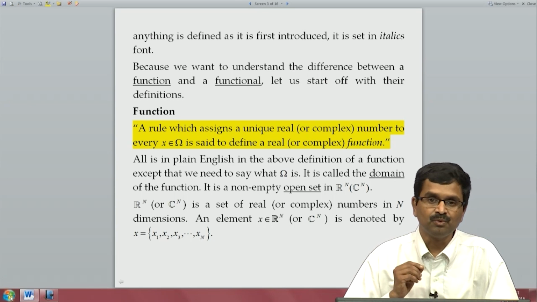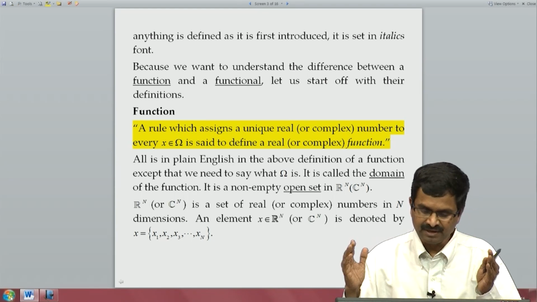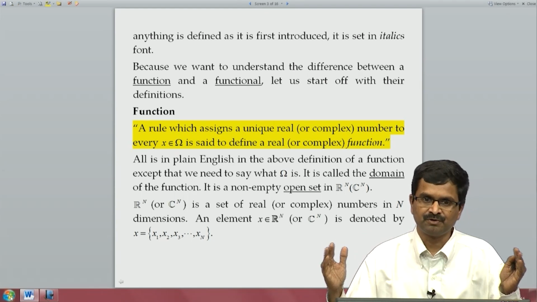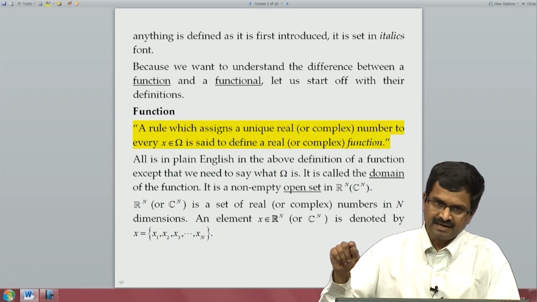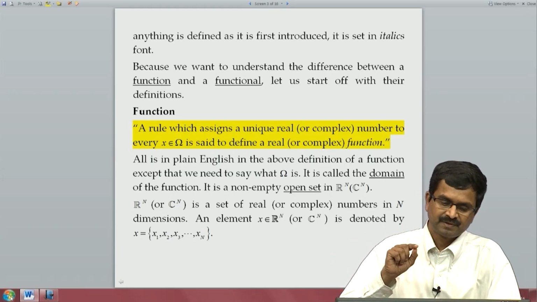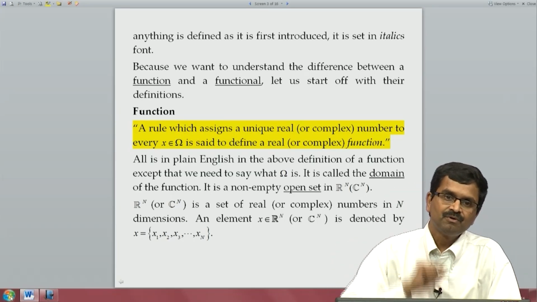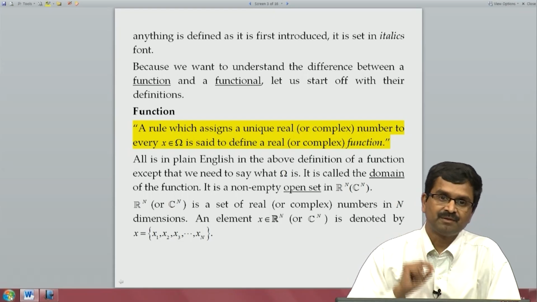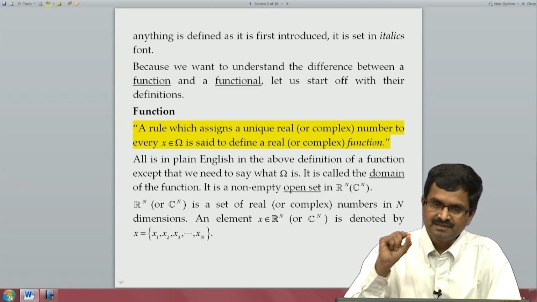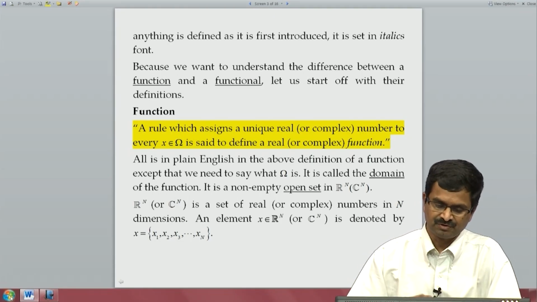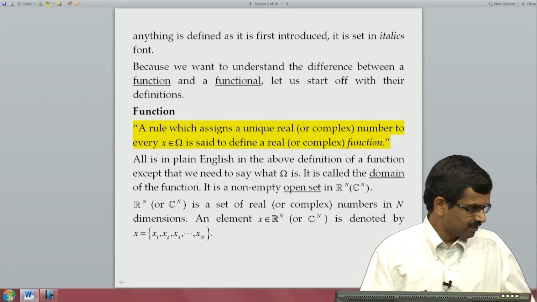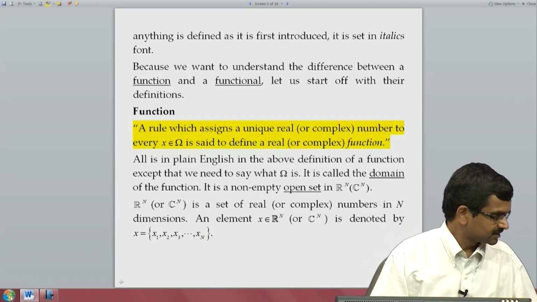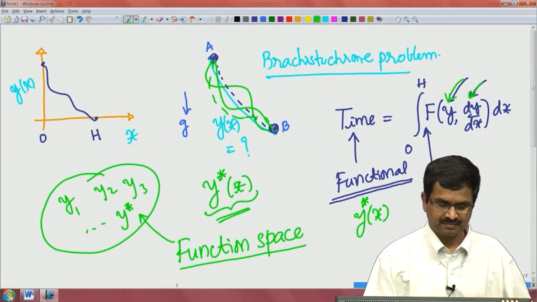A function is a rule. It says that in the domain, let us say x1 to x2 is our domain, in that real line, if I pick any point, I would like to know a unique number. If you draw, let us switch here.